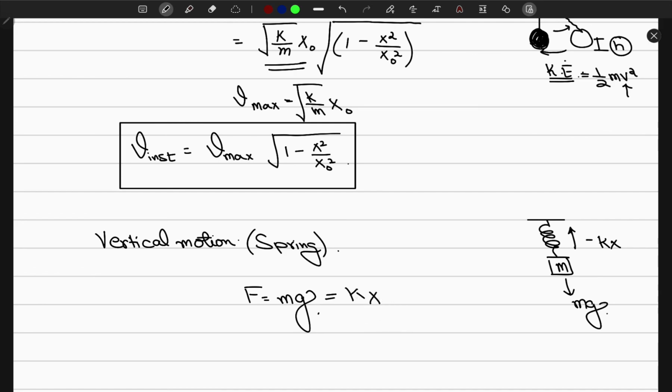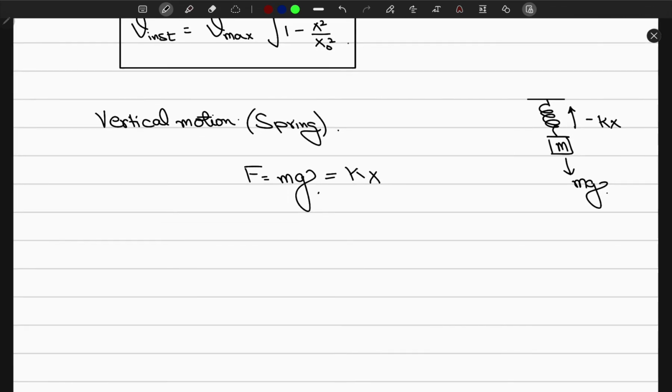Right? So x is the elongation of this spring. That's why I did not put the minus sign over here, right? So x is how much the spring elongated, how much the length of the spring increased due to this mass mg.